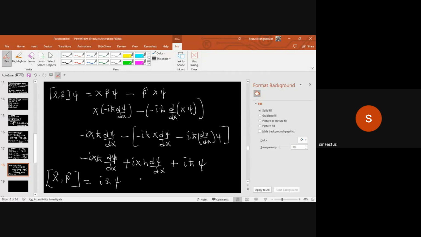And because here is not given as 0, you can say that x and p do not commute.